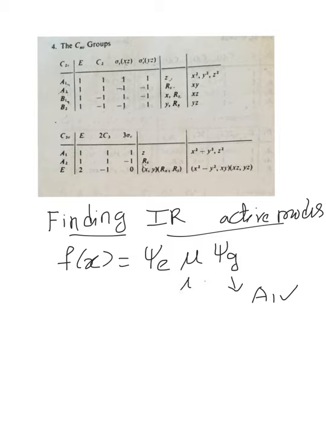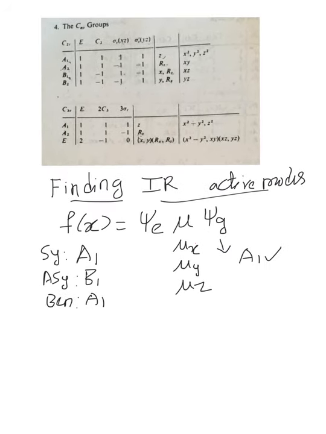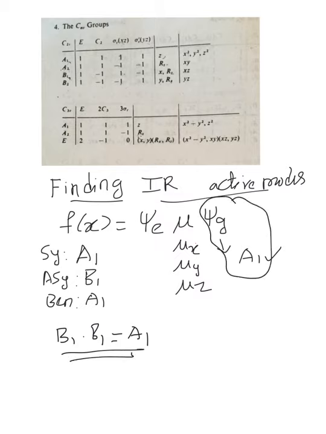Here mu can be mu x, mu y and mu z. And psi e can be the three different vibrational modes: symmetric stretch, anti-symmetric stretch, bending, which we found have symmetries A1, B1 and A1. We have also learnt that whenever you multiply one irreducible representation with itself, we always get A1. So this is very important. Psi g is already A1, so we just keep it aside.